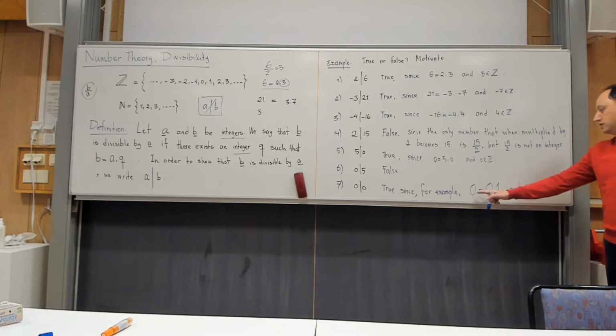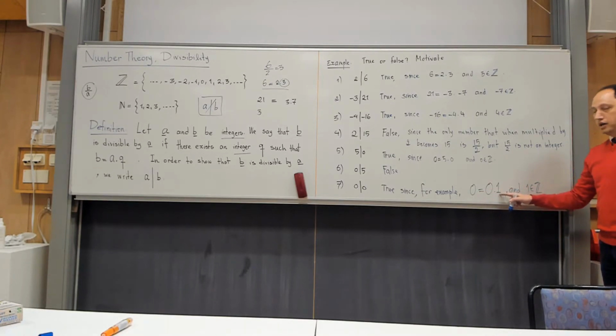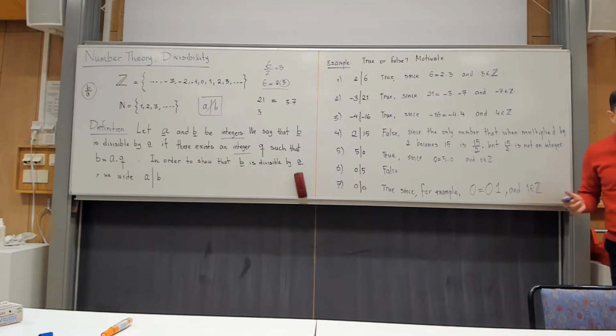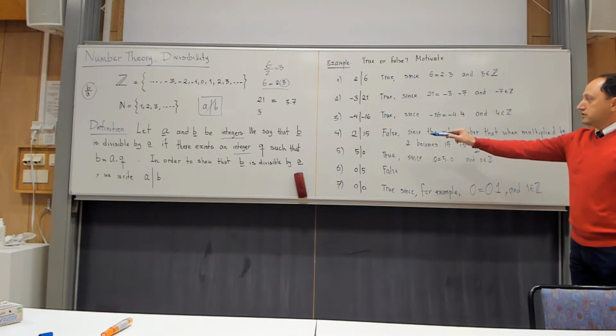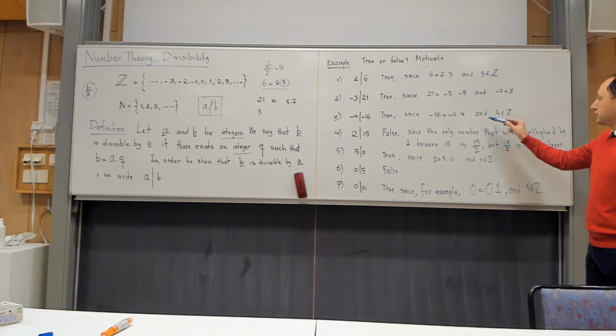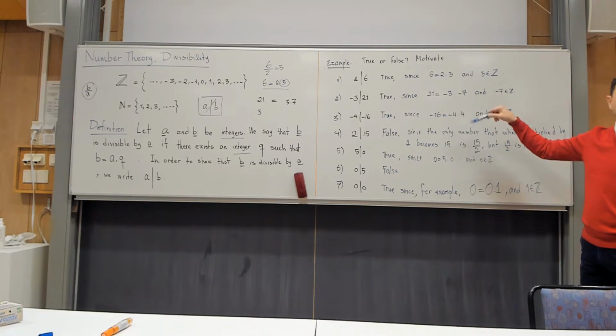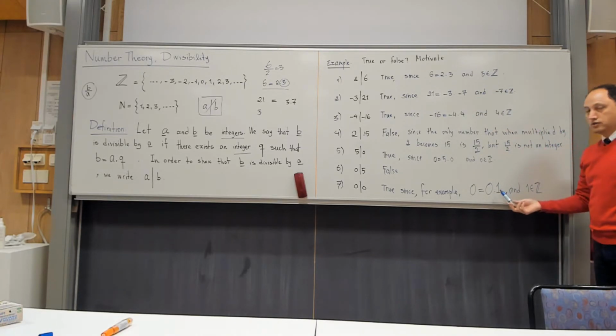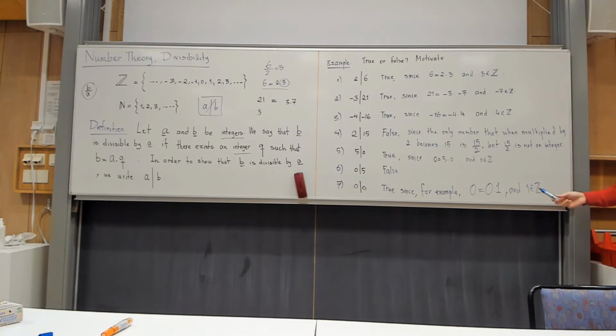But you could say 0 is equal to 0 times minus 2. And minus 2 is an integer. So that is also a good reason why this is true. So far, if it was true, the quotient was a unique number. But here, you can choose any integer that you like, and this is still true. Yes? So is that understandable?